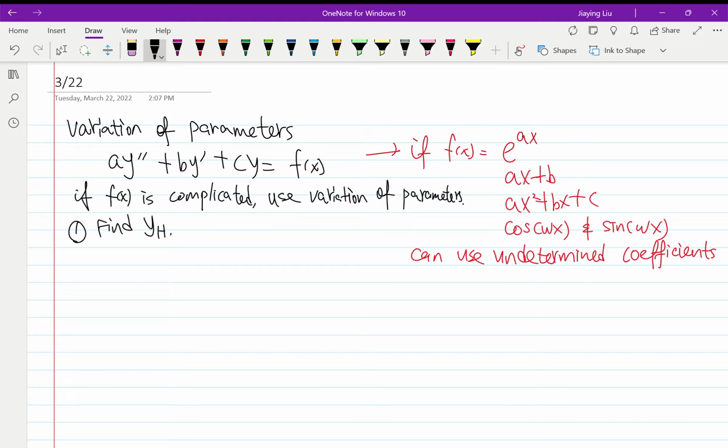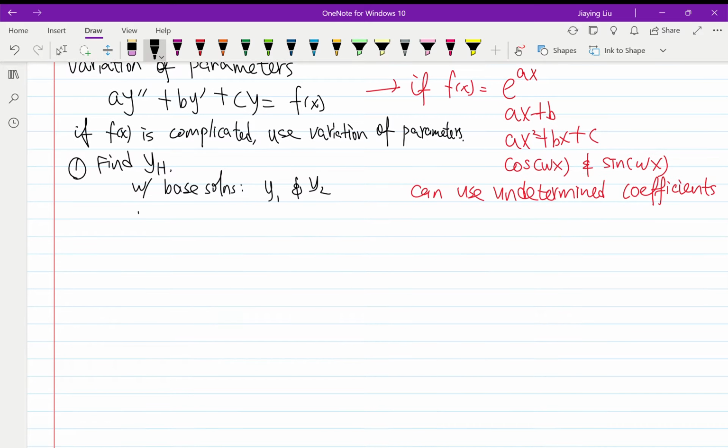In the middle of that, you might find two base solutions, y1 and y2, and the homogeneous solution is going to be some constant c1 times y1 plus c2 times y2. Note that c1 and c2 are constants. We have seen that before, there's nothing new.